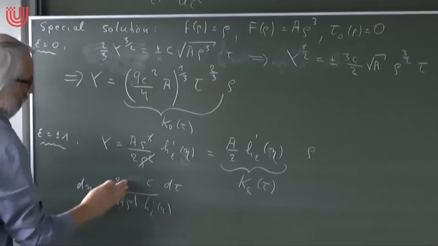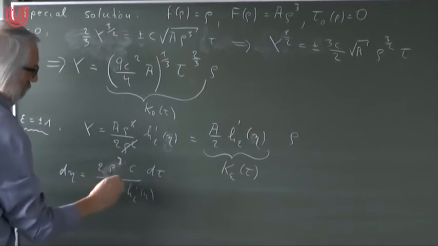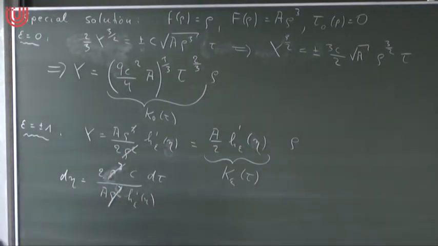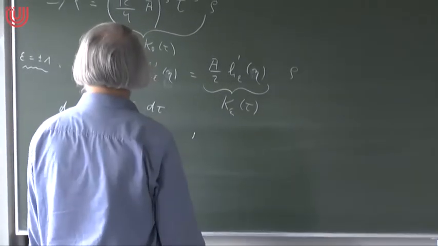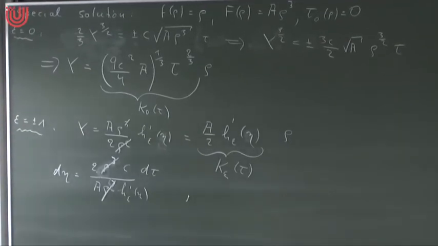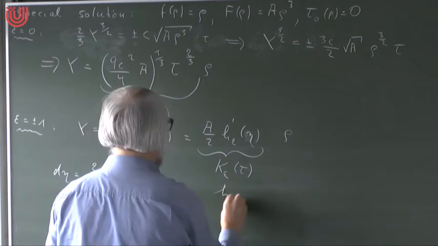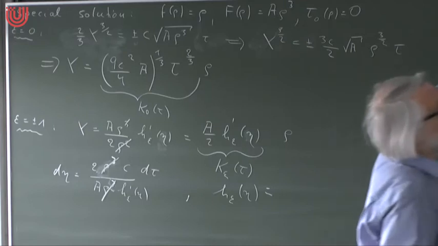So this is now a rho cubed, and here it's also a rho cubed, and this goes away. So I have just, yeah, that's a relation, and that's correct. So if I like, I can integrate this. I had it there already.